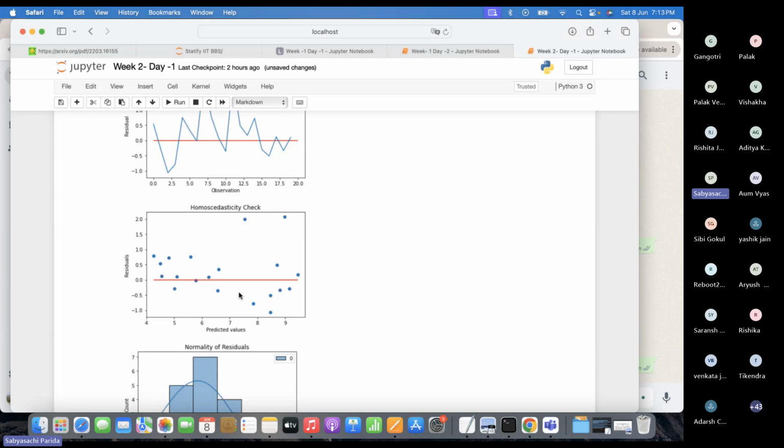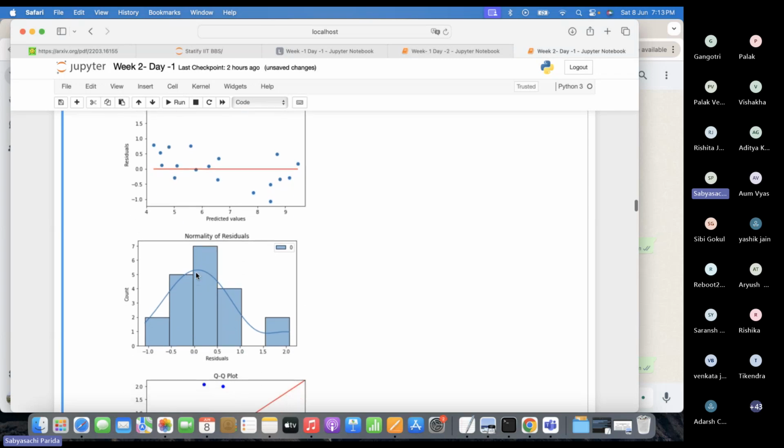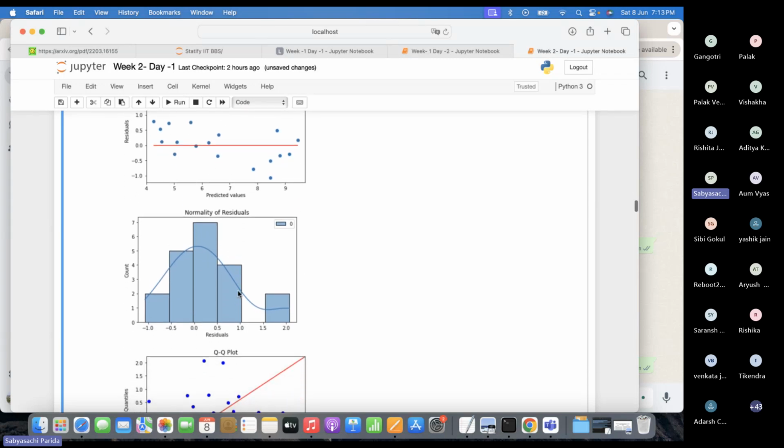If I plot that, on an average the variance is almost constant for all the residuals. And the other assumption was that the residuals need to follow a normal distribution. So if I plot all those residuals, find out the mean and the standard deviation, then it almost follows a normal distribution, even if it is somewhat left skewed, but still it follows a normal distribution.